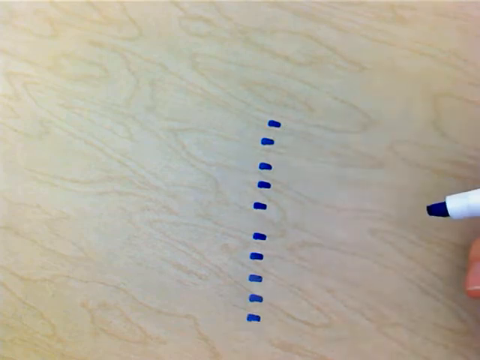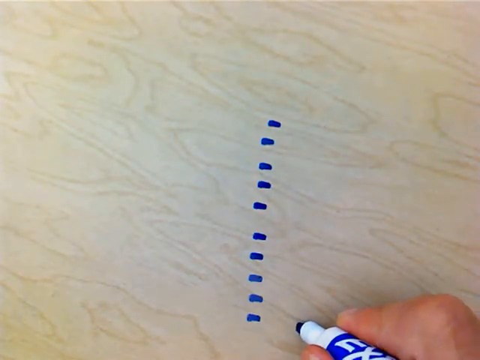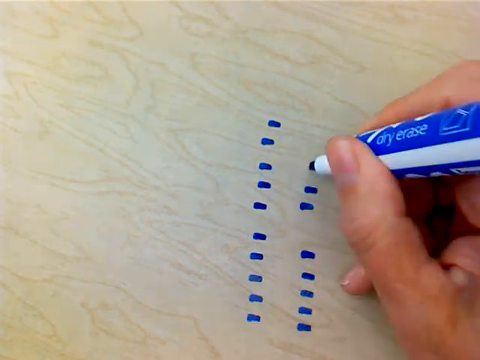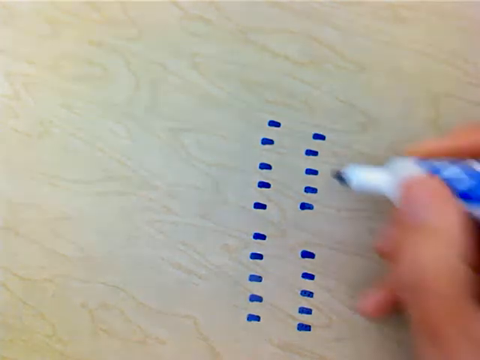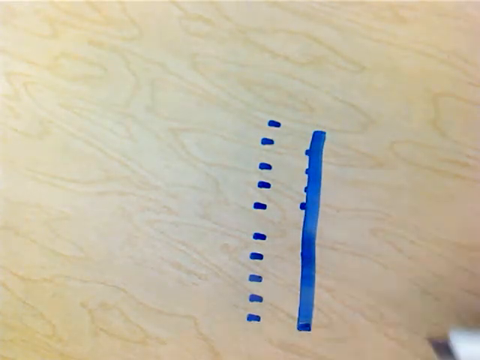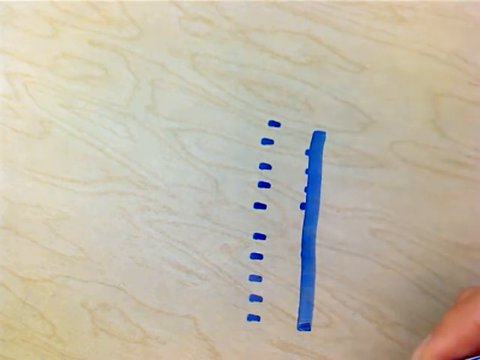Now, when we are doing a quick 10, we're changing that group of 1, 2, 3, 4, 5, and 1, 2, 3, 4, 5 into a solid line. So instead of doing 5 little 1 pieces, we draw a solid line called a rod.